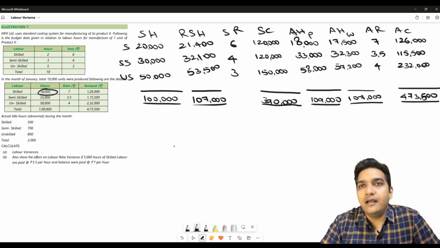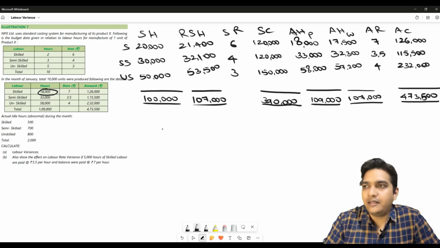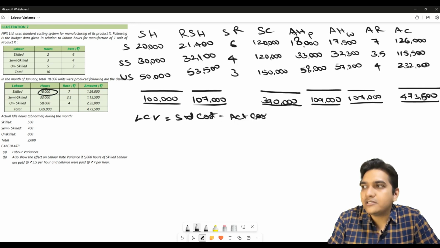However, the ideal thing would be to go from top to bottom, or from bottom to top. So let us go from top to bottom in our question. So first we will calculate labor cost variance. Labor cost variance is what? Standard cost minus actual cost.